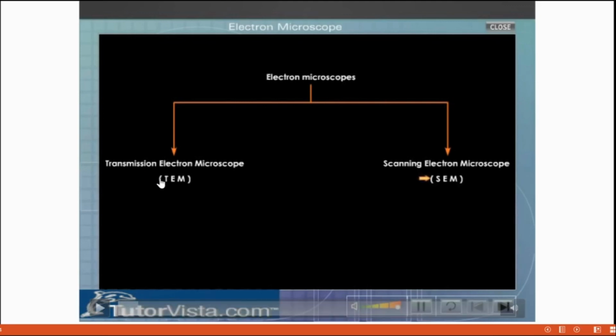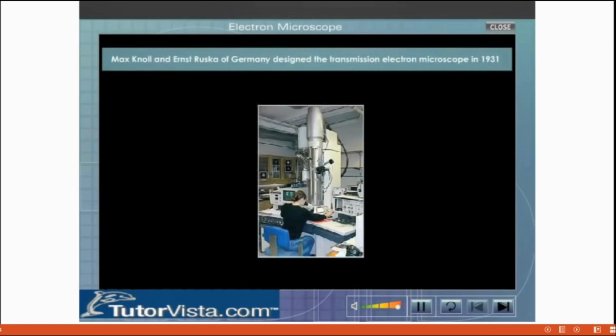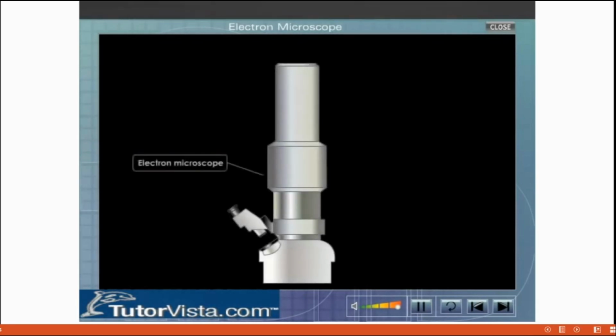Max Knoll and Ernst Ruska of Germany designed the transmission electron microscope in 1931. Working of an electron microscope.